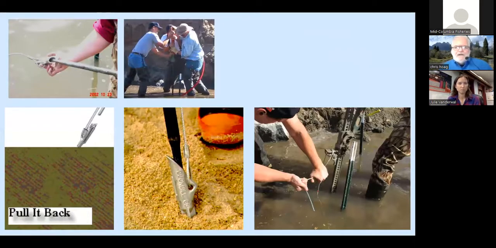This is basically how they work. In the upper left, you'll see it has a star at one end and a hole at the other, and you put a rod into that hole, and then the guys next to it are using an air hammer to hammer that down into the bed. And then in the lower left, you'll see a schematic that shows that after you pounded it in, you pull out the rod, and then you pull up on the cable with a high lift jack, which you see on the right hand side.